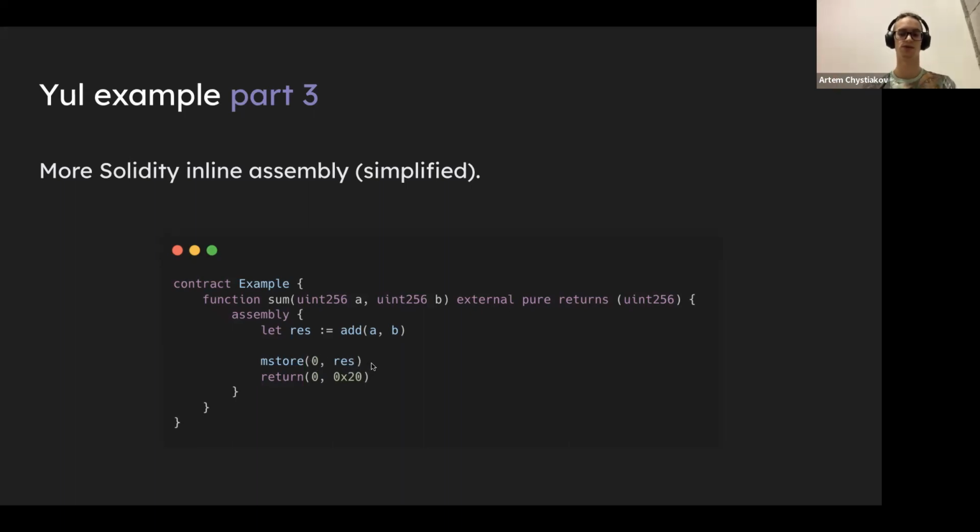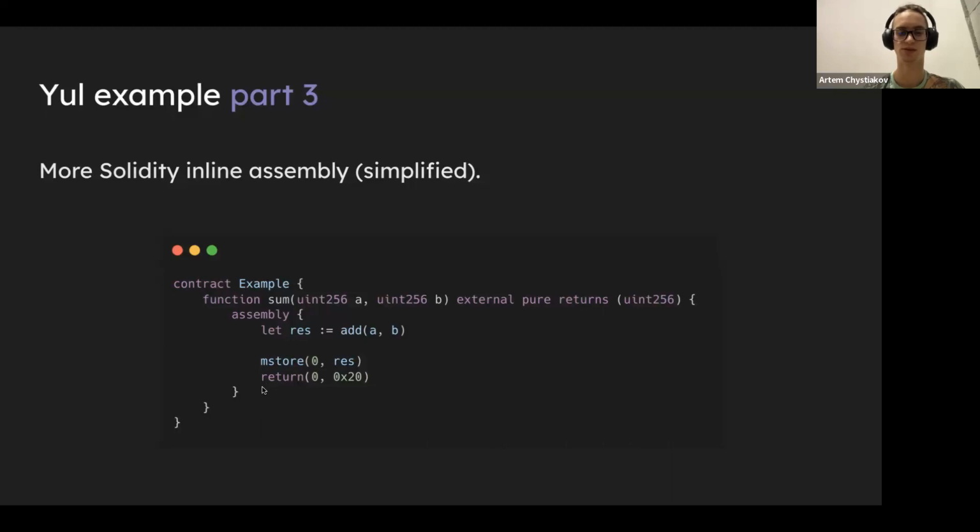So the first 32 bytes of memory will be occupied by our addition result. And then I'm using the return opcode, which accepts the memory location where to take the value from, and the length of this memory chunk to read and to return from the function. So basically, this opcode terminates the execution and marks the execution as successful.